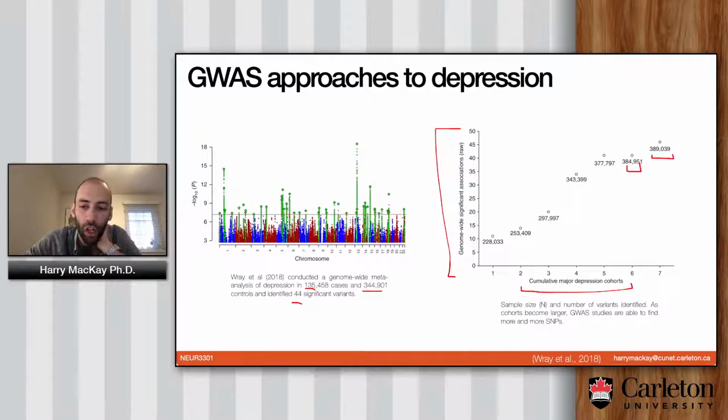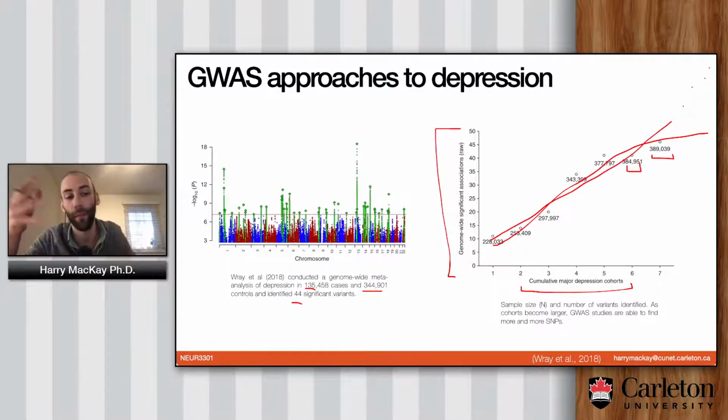Basically it's showing that as your sample size increases, the number of depression-associated variants you find increases as well. Maybe it's plateauing, maybe it's still going up, but the thinking would be that if you could add more and more samples, you'd be able to find more and more variants, up to a point where you could explain all of somebody's risk of depression if you could finally get enough samples to increase the statistical power.